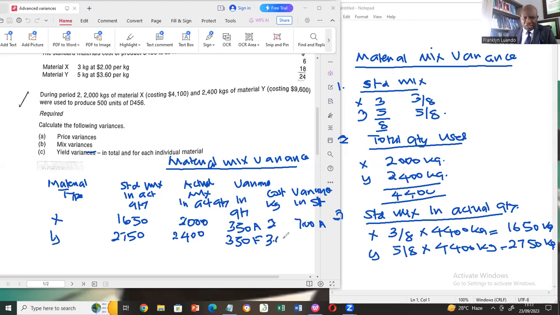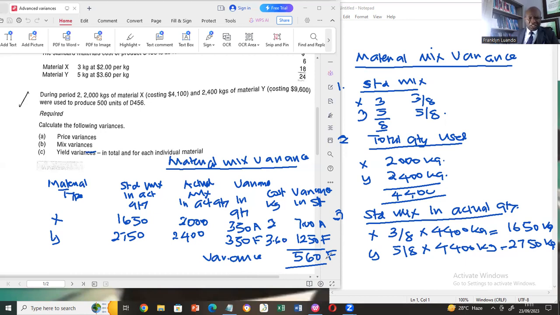Cost per kilo is $3.6, and the total favorable is 1,250. The variance there is 560 favorable because the favorable figure is higher. So that is how you calculate the material mix variance.